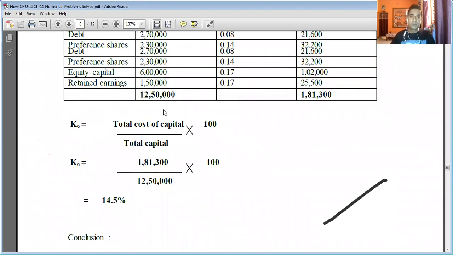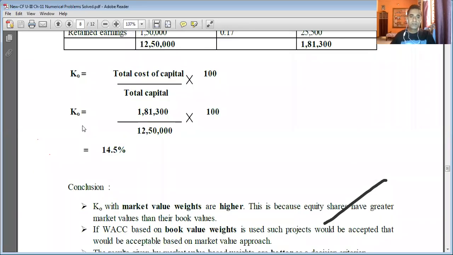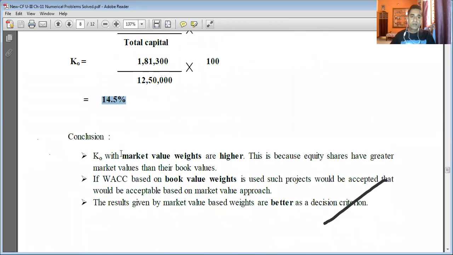The weighted average cost of capital using book value weights was 13.17%, whereas using market value weights it is 14.5%.